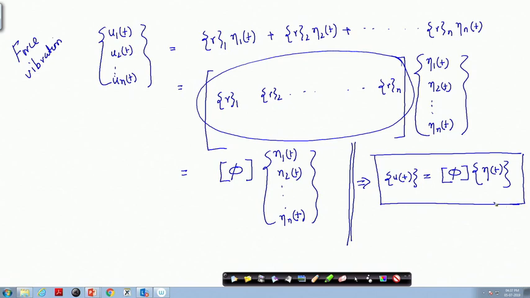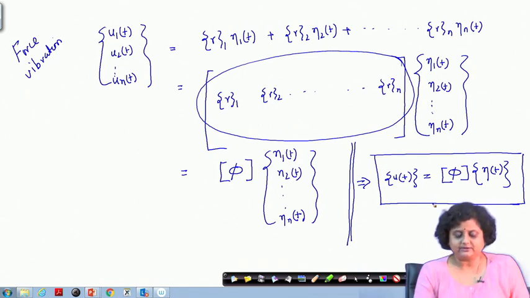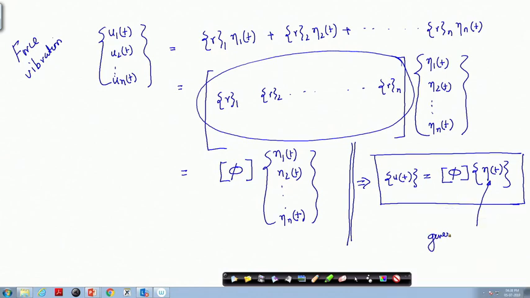This I have also derived from the modal expansion theorem, which states that any arbitrary response is equal to my modal matrix into an unknown coordinate eta, which is usually called the generalized coordinate or natural coordinate.